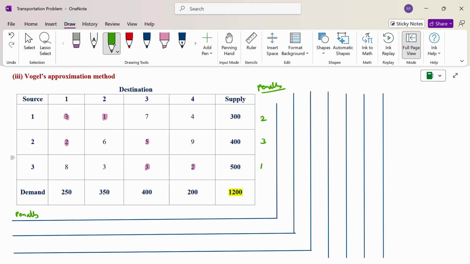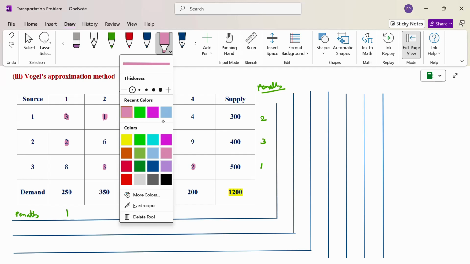And then column penalty. Column wise, 2 least numbers 3 2. So 1. Again the column wise 2 least numbers 1 and 3.